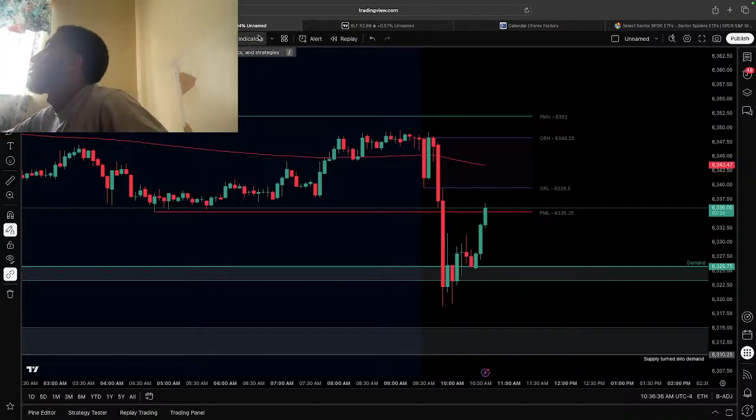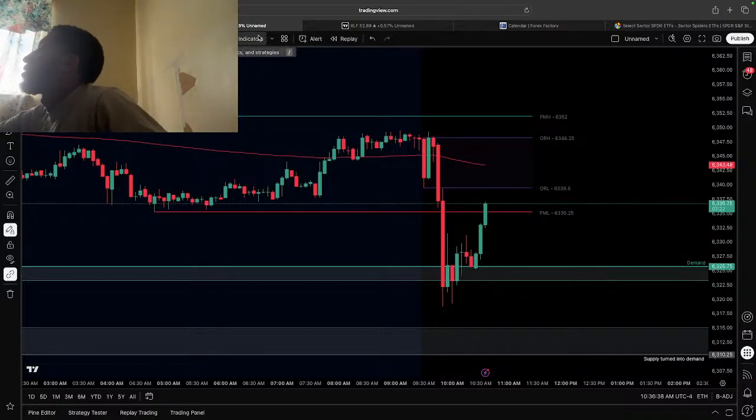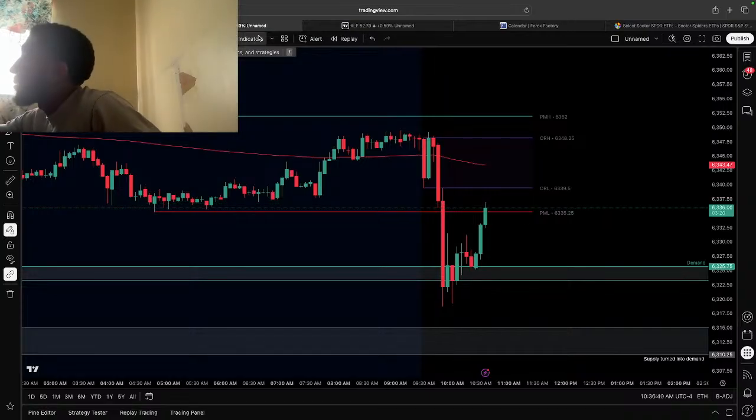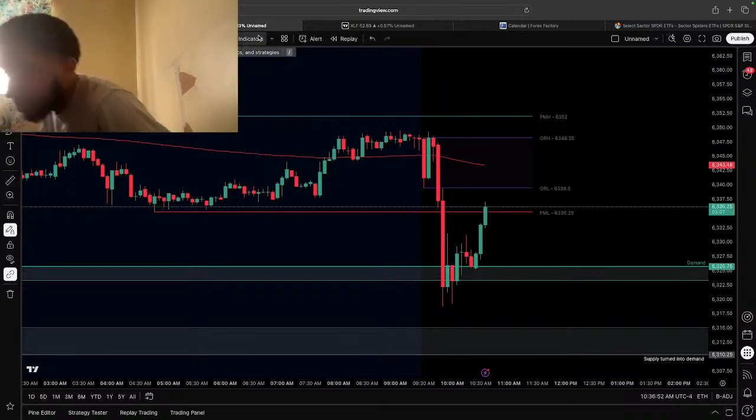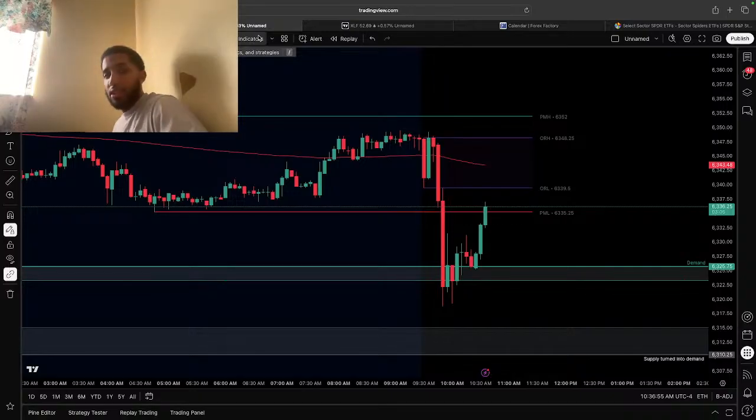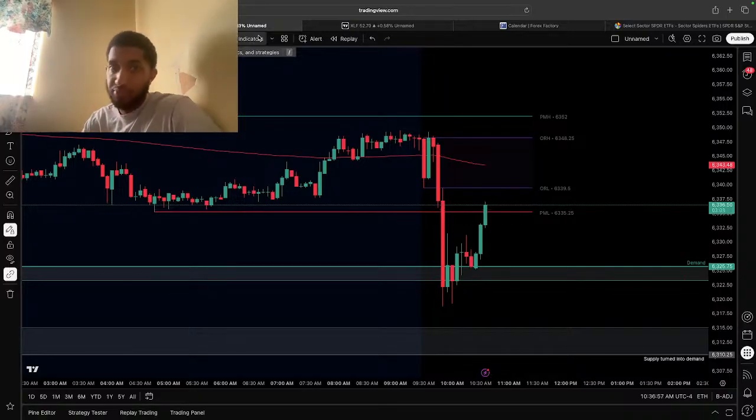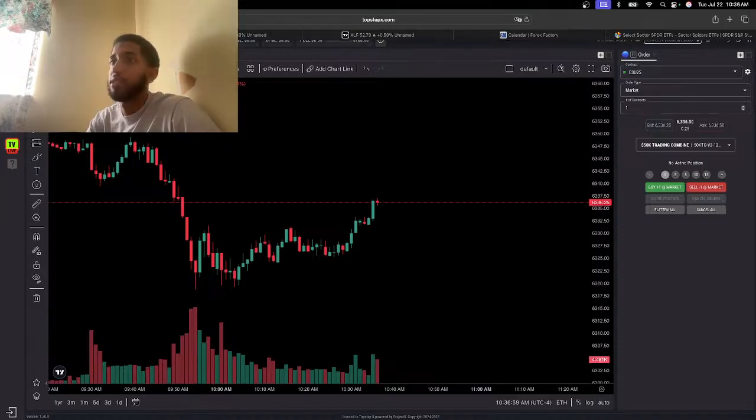Hold on, let me look at this, because a trade setup might be presenting itself. Let's see. A trade setup could be presenting itself. We just gotta see how this respects.